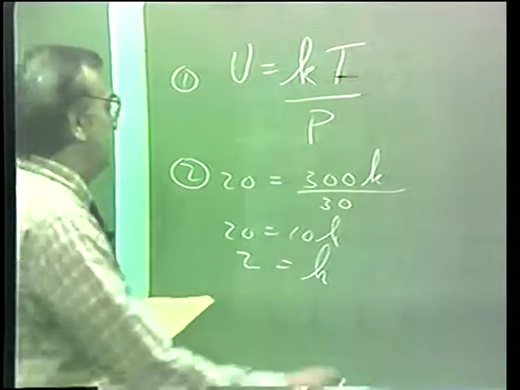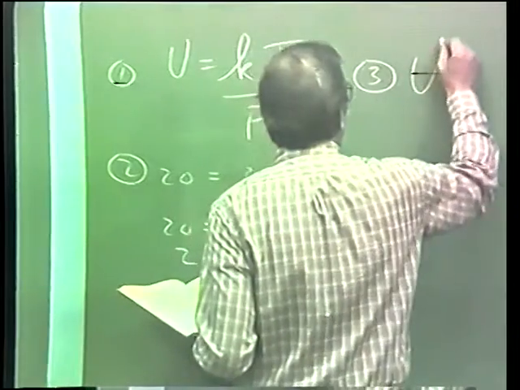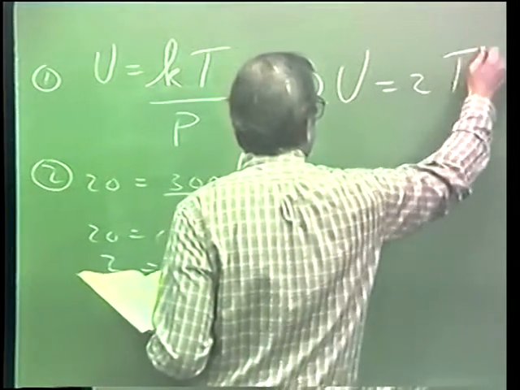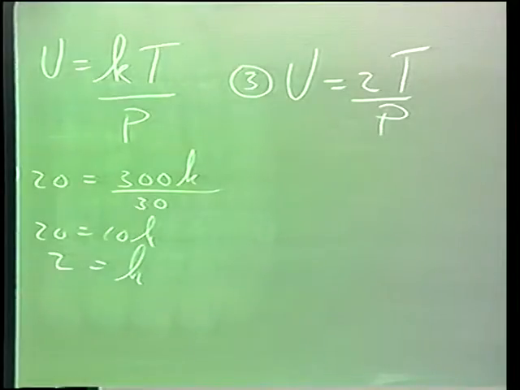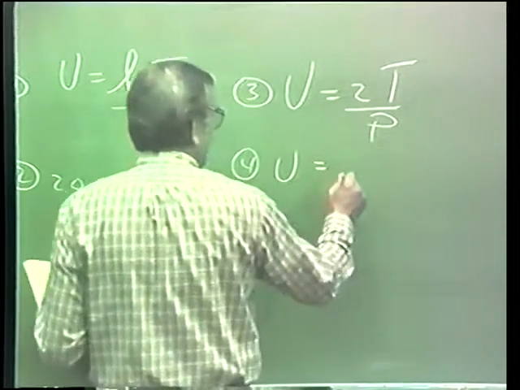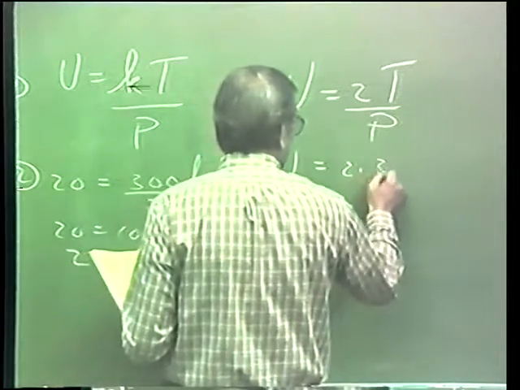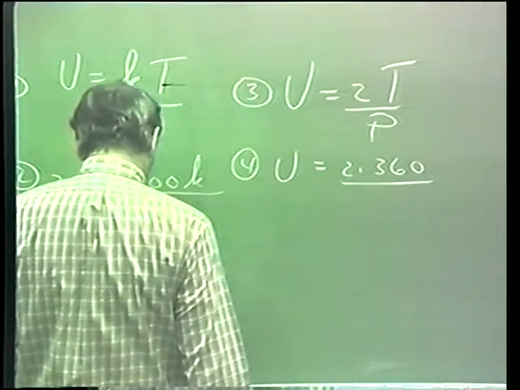Now it says go back to our formula and replace K by its value. So we get V is equal to 2T over P. And that becomes our new formula. Now it says, what will the volume be when the temperature is 360 and the pressure is 20?